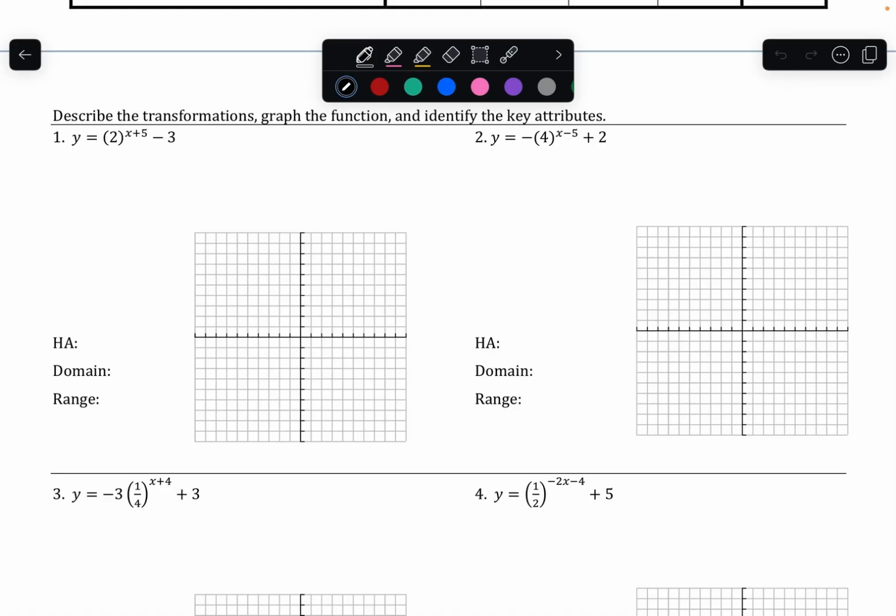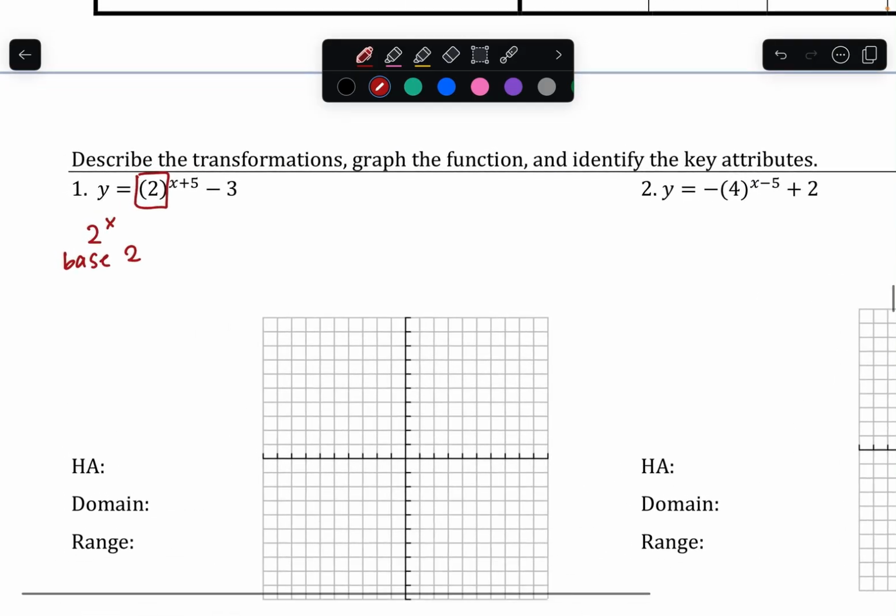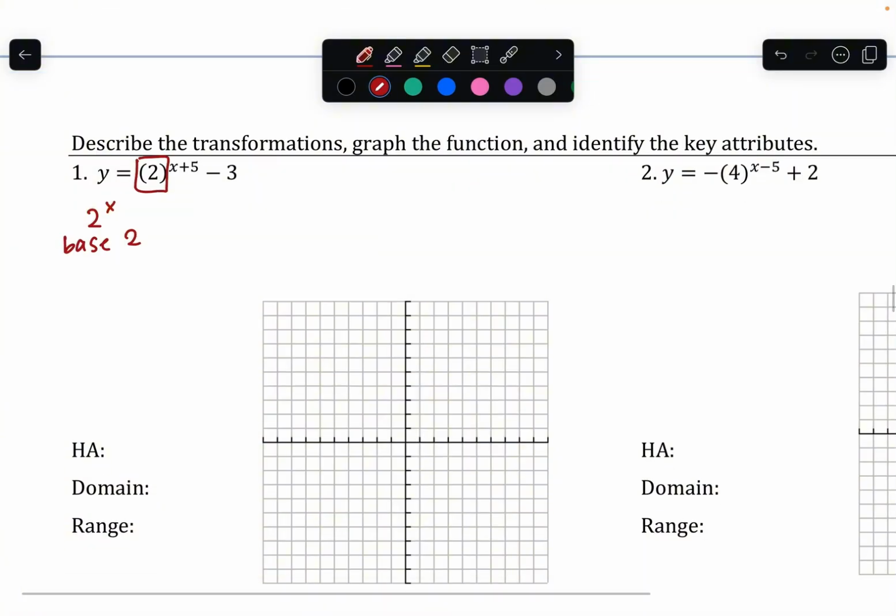All right, in example number 1, the first thing you should do is identify the parent function. So our parent function here is 2 to the x. Okay, and so we are working with base 2. After you identify that, then identify your transformations.